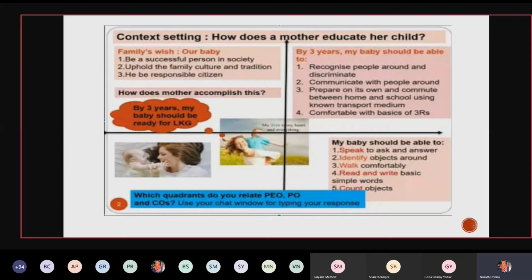This is when the baby grows up. So try to relate all these quadrants with PEOs and COs. You can post your response in the chat box: which part is PEO, which part is PO, and which part is CO.